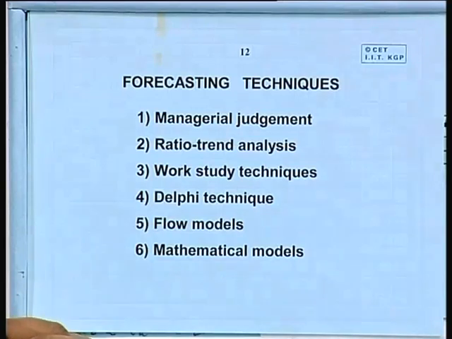Then work study techniques, Delphi techniques, flow models, and mathematical models. So, these are the various techniques which are available and which we have to choose depending on our company, type of business we are, type of accuracy and sophistication that you want to achieve. But remember, each of these techniques is only finally giving you a forecast. A forecast is not a guarantee of what is going to happen, isn't it?